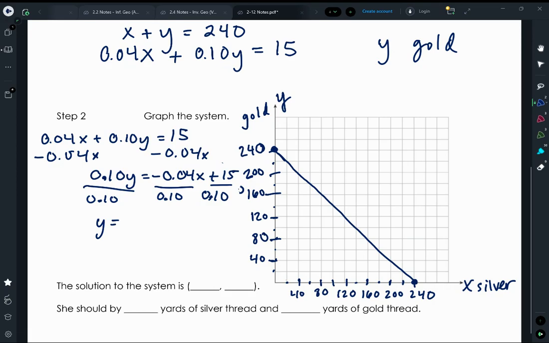If I take a 1 and divide that by 0.1, I get 10. So it's like increasing everything by a magnitude of 10. So this will be negative 0.4x plus 150. And I would probably want to write that negative 0.4 as a fraction.